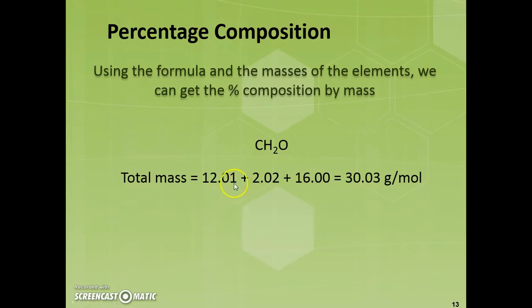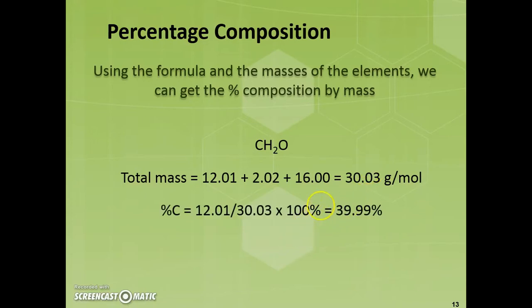Total mass of the empirical formula, sometimes we simplify this down to MEF, is 12.01 plus 2.02 plus 16. So the mass of the empirical formula is about 30 grams per mole.